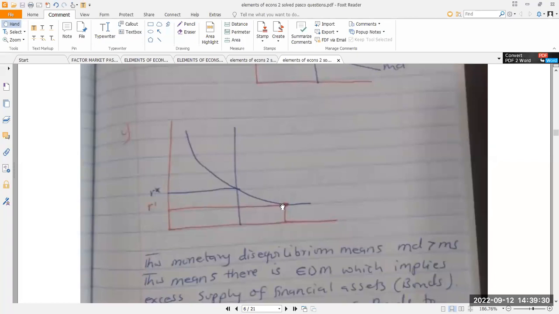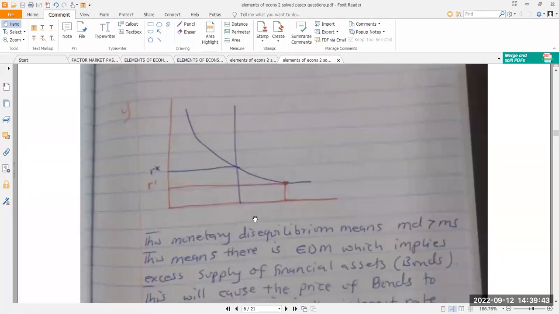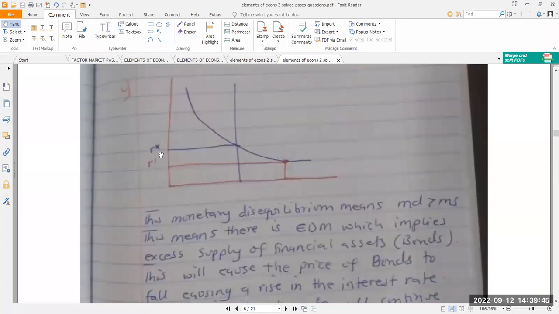Now, if we pick a point here, we have a disequilibrium. The demand for money is more than the supply of money. So the money market isn't in equilibrium. How do we get back to R star? Now let's look at this. The money market and the bonds market, or the financial market, are parallel markets.